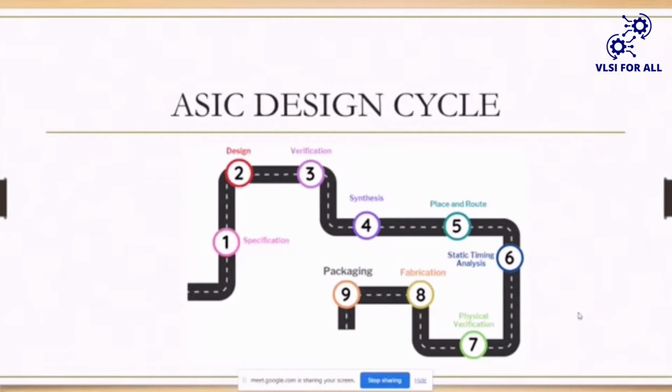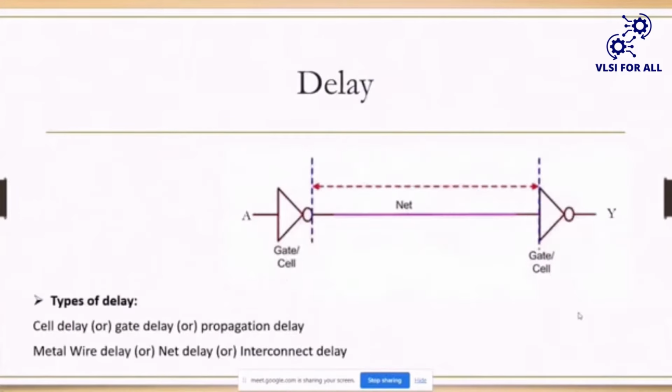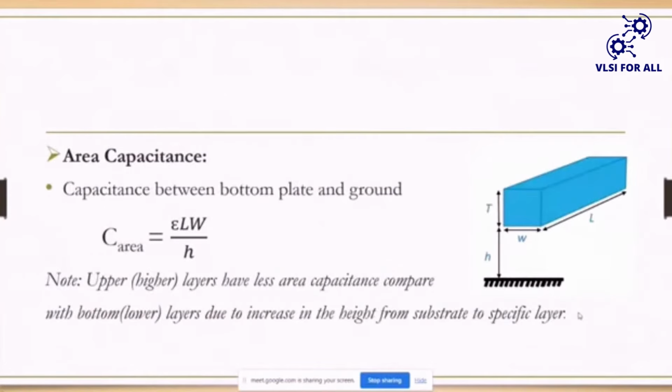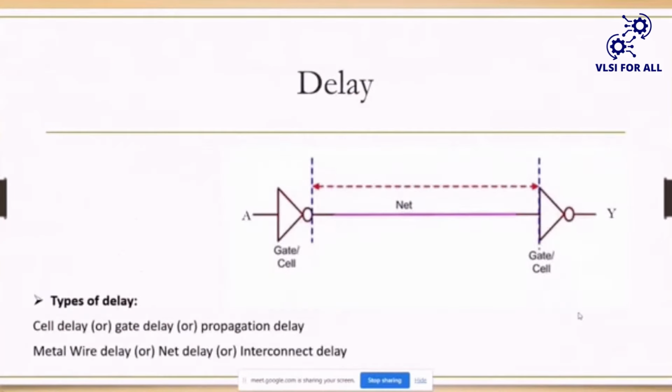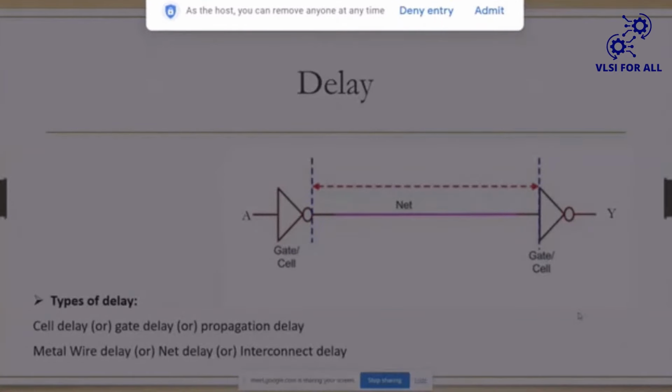Later we discussed the ASIC design cycle, which goes from market requirement or your idea to the IC, involving various stages like RTL team, verification team, synthesis team, place and route team, STA team, and even physical verification team, fabrication and packaging. Yes. So we came across all these stages individually, and we even started on delay.